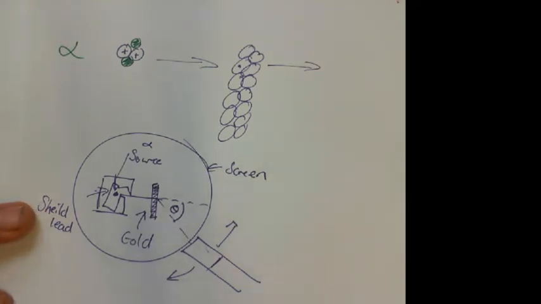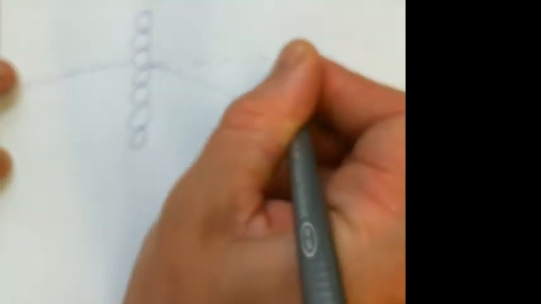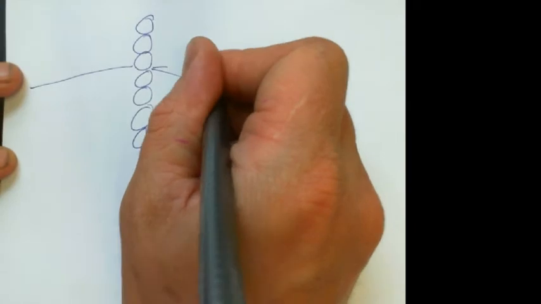What he noticed was that instead of the particles going straight through like he had expected, some of them were deflected by an angle.